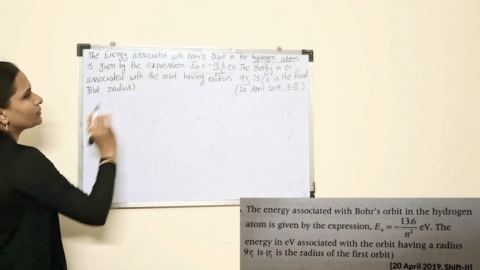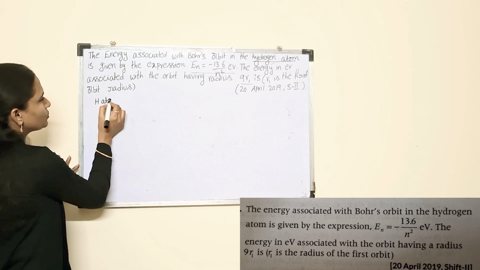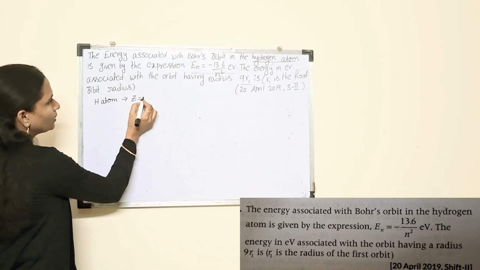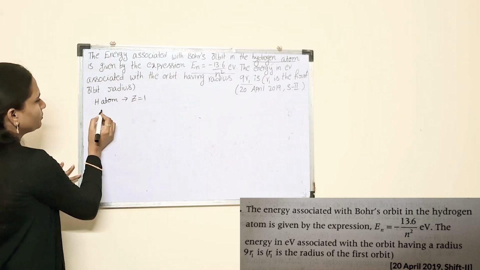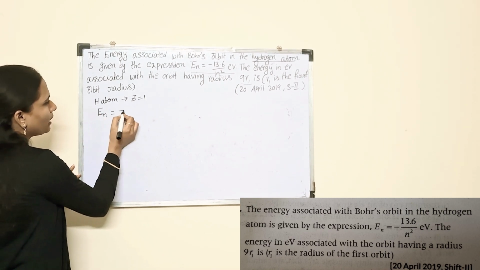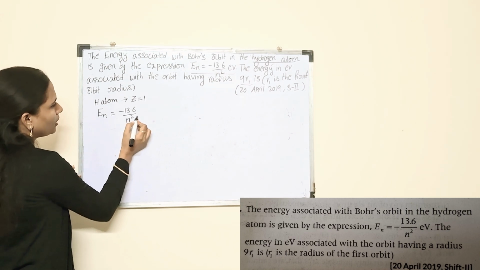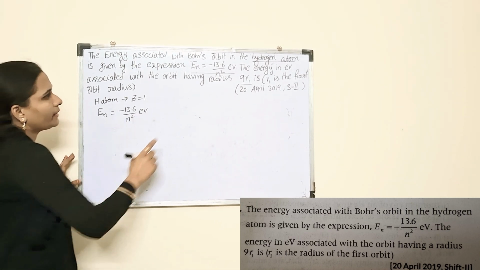So what is given first? Hydrogen atom is given, so we can write that atomic number is 1. And the energy expression is given: En equal to minus 13.6 by n square electron volts.